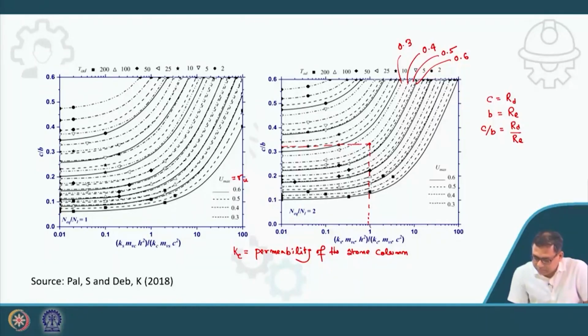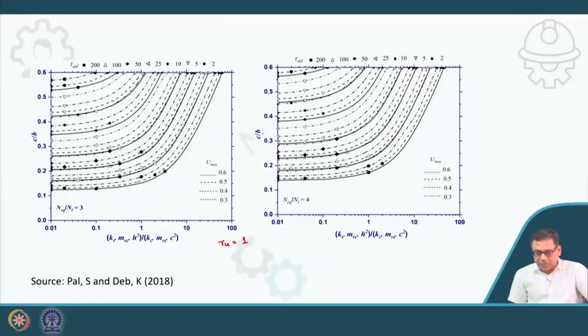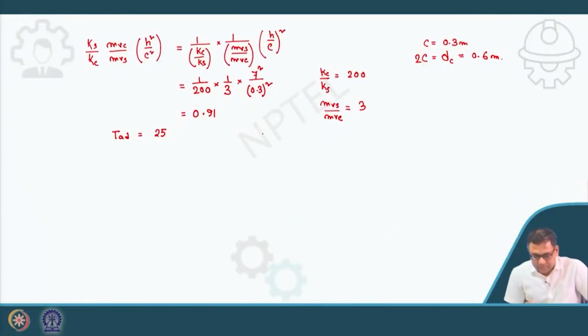So this is 0.91. Then this value, C by B, is around 0.32. So from the chart, C by B is equal to 0.32.